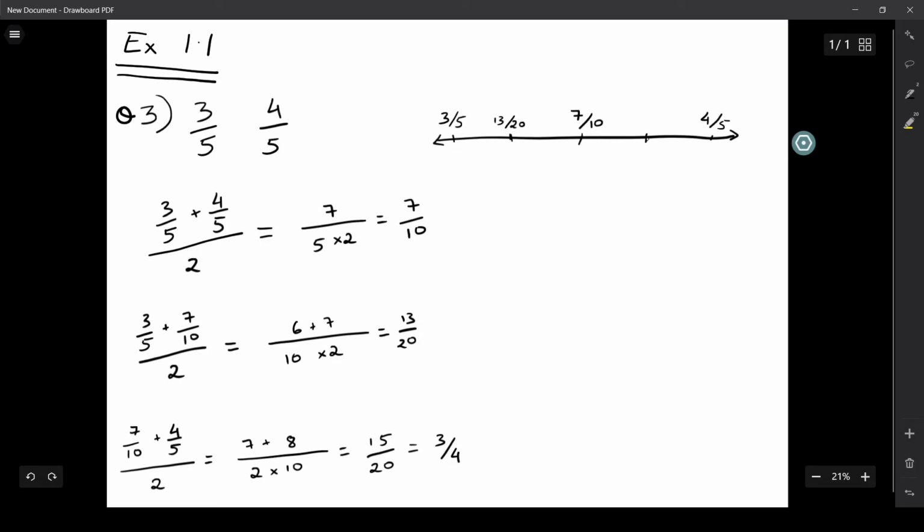This gives us 3 by 4. Now we have 3 numbers between P and Q. We need 2 more.